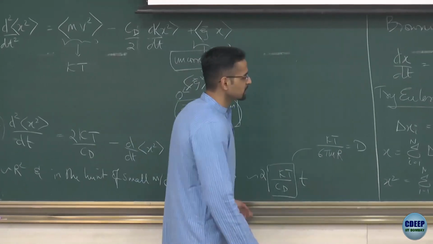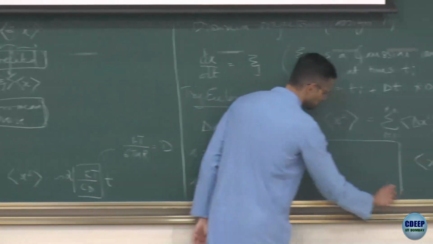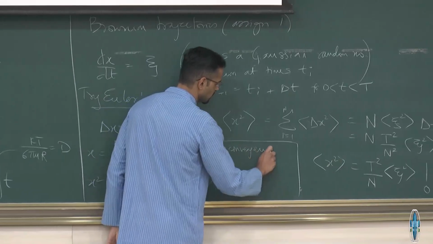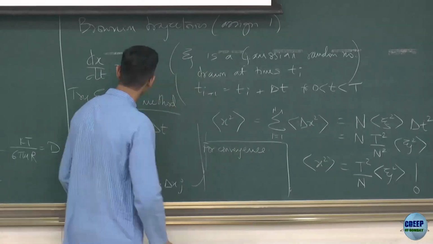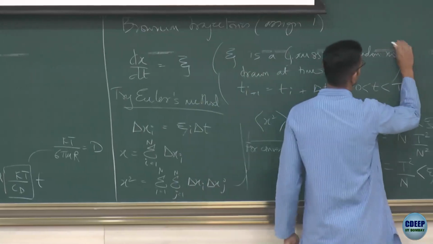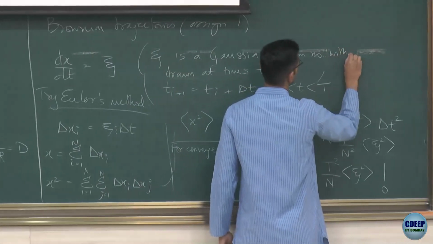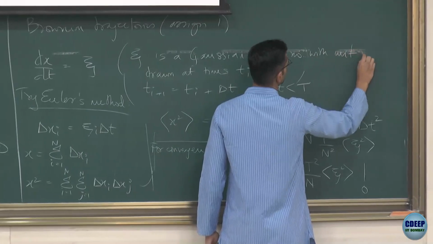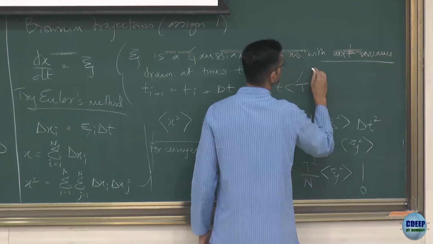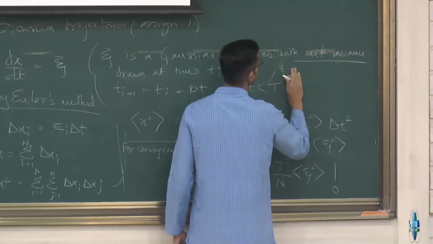So for convergence I should not solve this. Let me keep this unit variance now. I didn't say this before, but let me say it with unit variance and 0 mean.